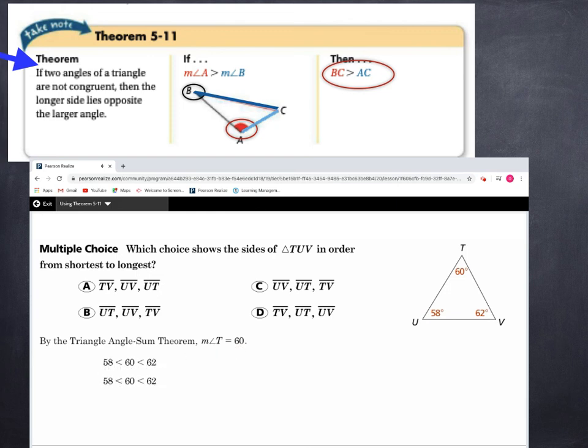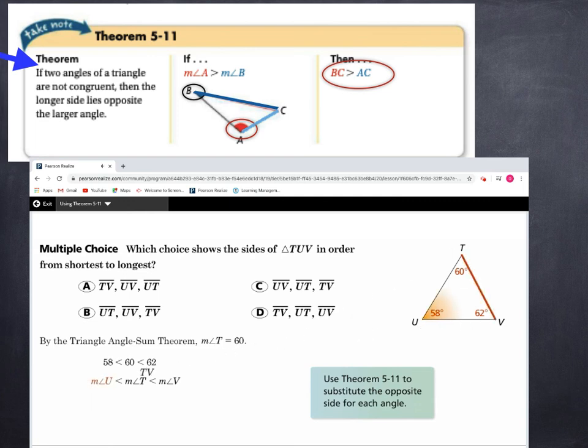Substitute the correct angle name for each measure. Use theorem 5-11 to substitute the opposite side for each angle.